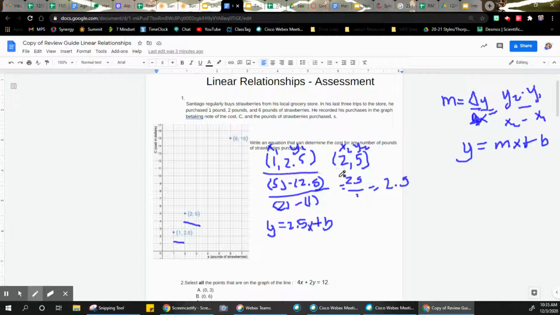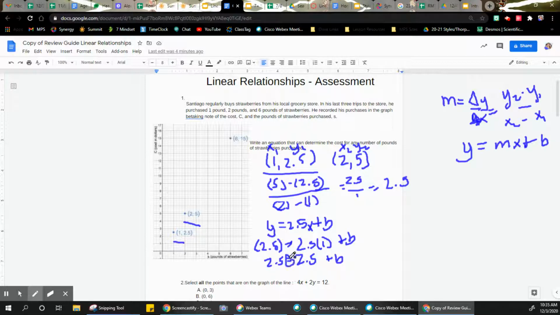I'm going to do 1 and 2.5 because I know that'll be really easy to multiply by. So I'm going to plug 2.5 in for y because it's in the y spot, and 1 in for x because it's in the x spot. Okay, 2.5 times 1 is just 2.5, and then we're going to bring my 2.5 here down. So I have 2.5 equals 2.5 plus b.